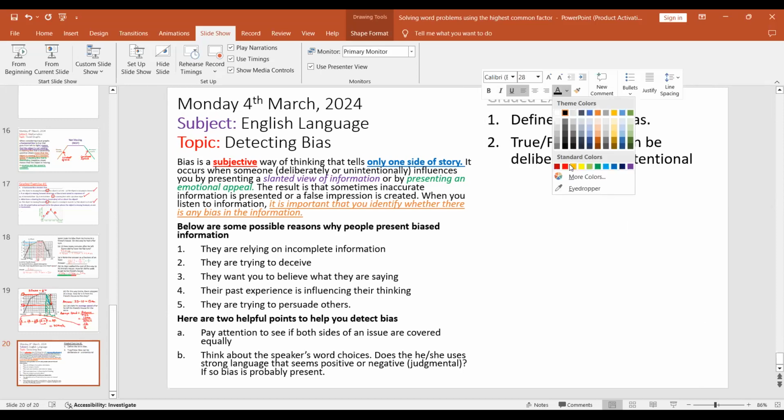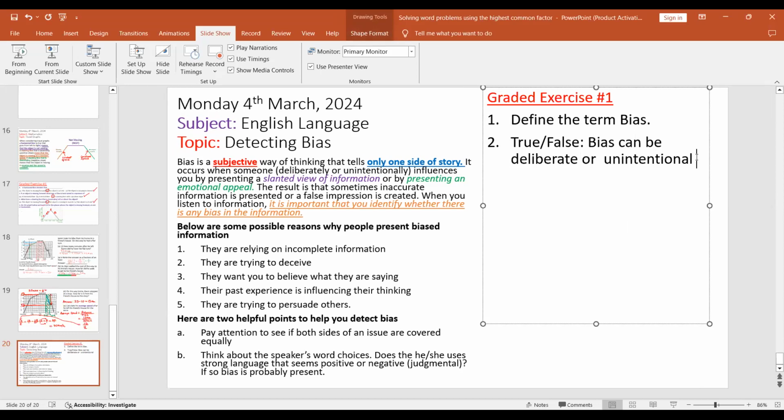Again, once you finish with the notes, then you can move on to the grade exercise. True or false, bias can be intentional or unintentional or deliberate. Number 3, what is the result of bias?